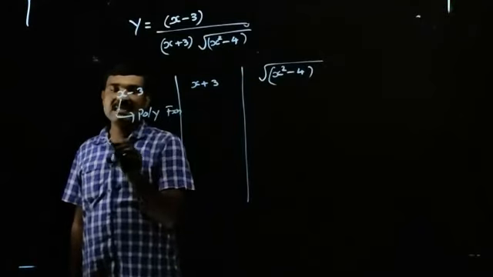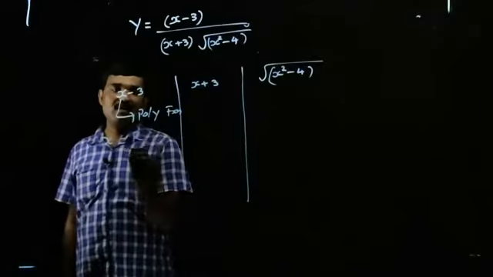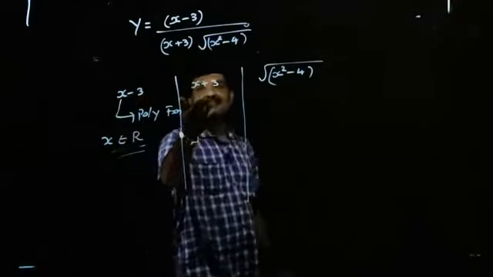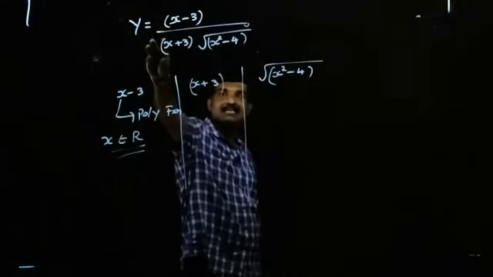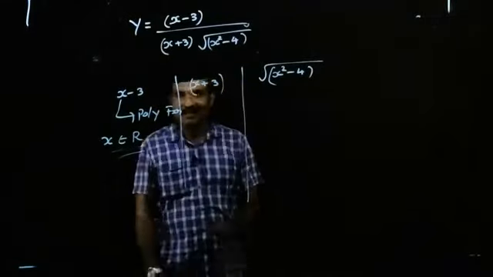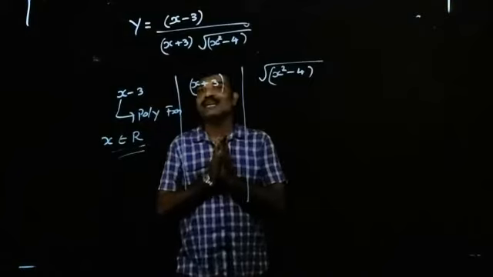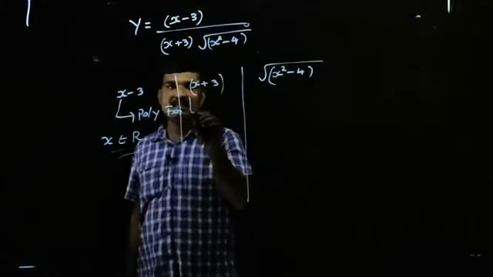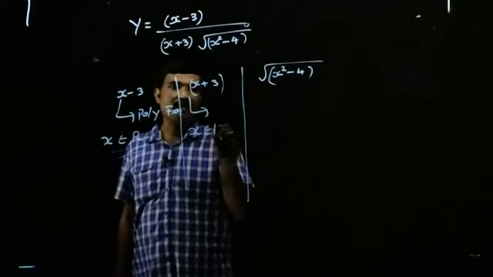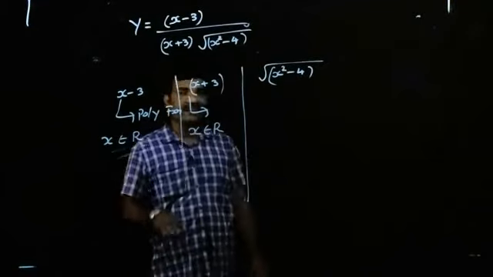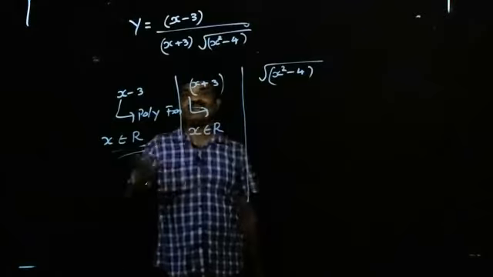So x belongs to R. Right. This is also a first order linear function, x plus 3. But this x plus 3 is coming in the denominator. Anything in the denominator should not be equal to 0. So for this function, we can say x belongs to R, since for a polynomial, the domain is the set of real numbers.